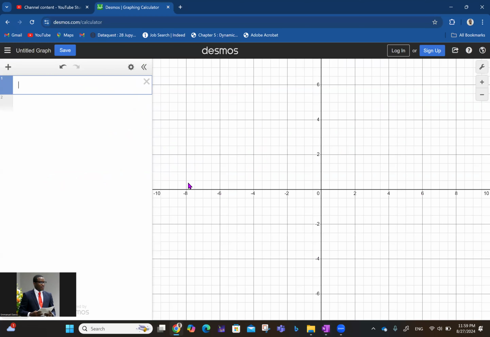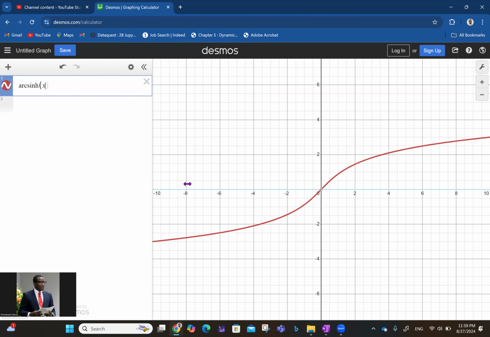So that takes us to Desmos. We're talking about arcsinh x. See what the graph looks like. It looks like it's coming from somewhere, it passes through zero and it emerges, and as x increases on both sides, the gap between it and the x-axis is wider.